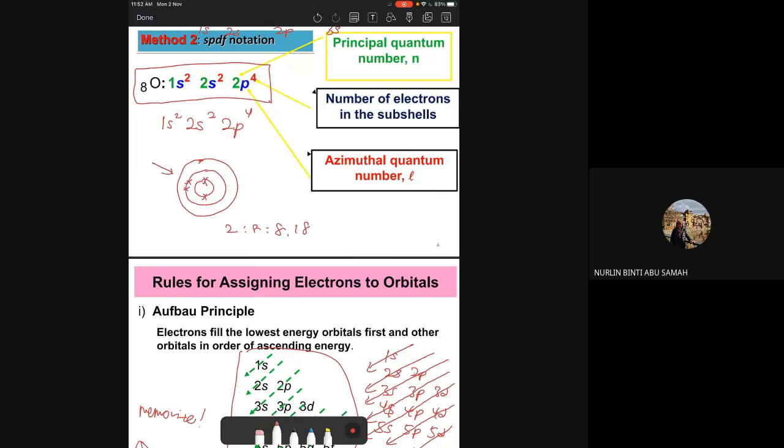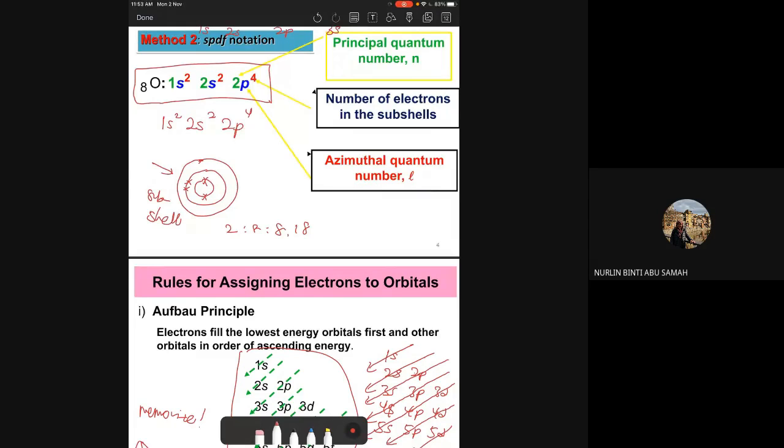Dia cuma terang berkenaan dengan shell ataupun kita panggil subshell. Benda yang saya tunjuk ni terlalu general dia punya information. Dia tak sedetail yang SPDF ni. Yang sekarang kita belajar ni adalah lebih kepada fundamental.